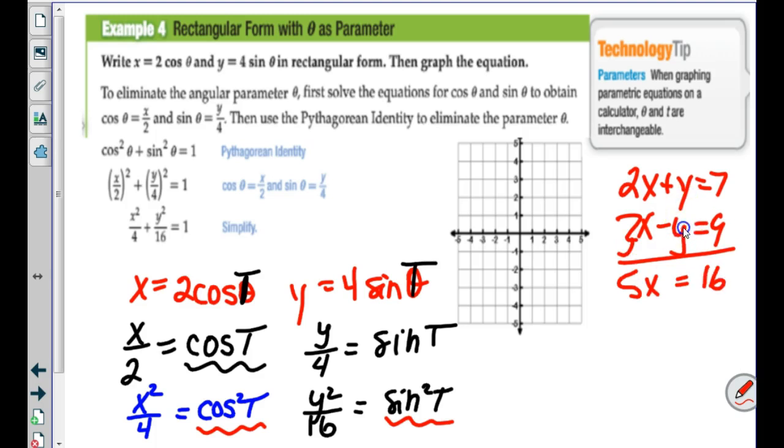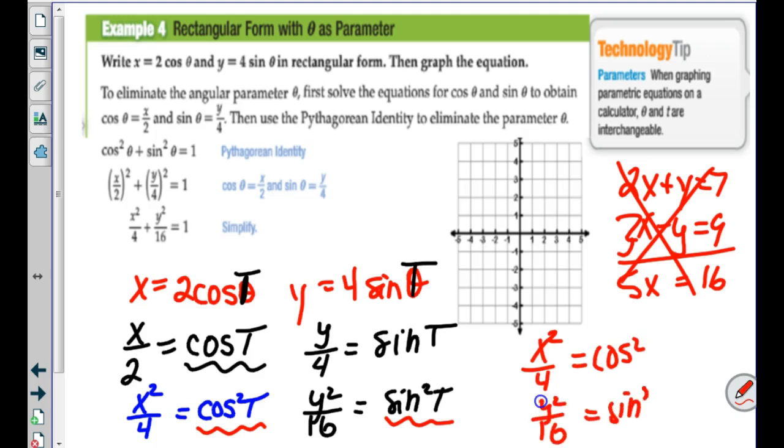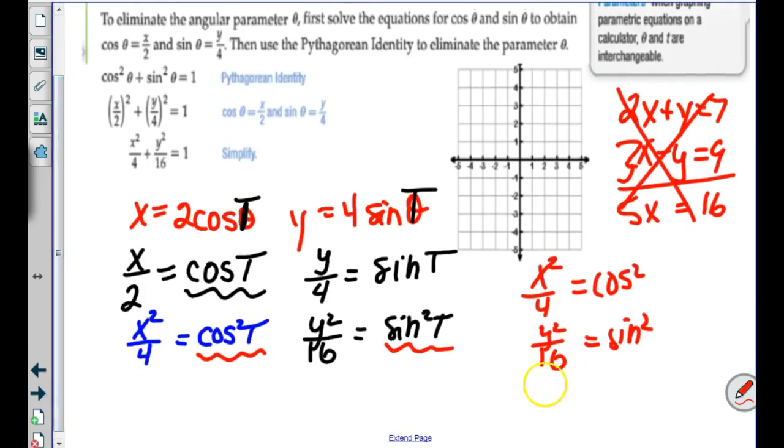It's okay to add equations together. So if we add these two equations together, x squared over 4 equals cosine squared, and y squared over 16 equals sine squared, what happens on the left when we add them together? We get x squared over 4 plus y squared over 16 equals 1.